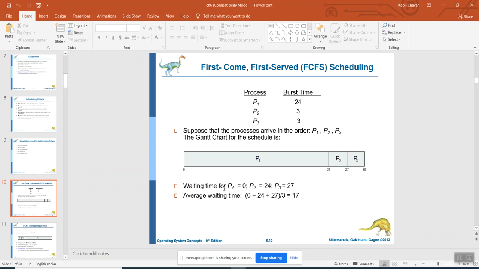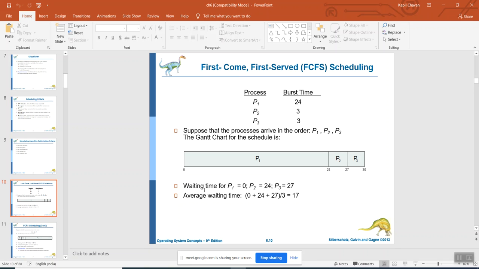Then P2 starts after the completion of P1, and P1 takes 24 microseconds. So the P2 waiting time is 24, and the P3 waiting time is 27 because it starts at 27.